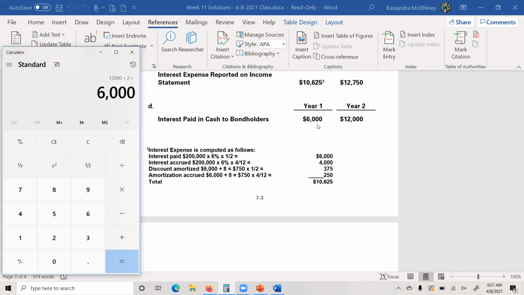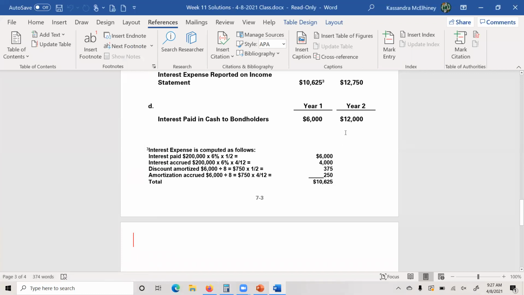So in year 1, we only have one interest payment. In year 2, we will have interest payments for both March 1st and September 1st. So year 1 will have one payment of interest, year 2 will have 2 of them.